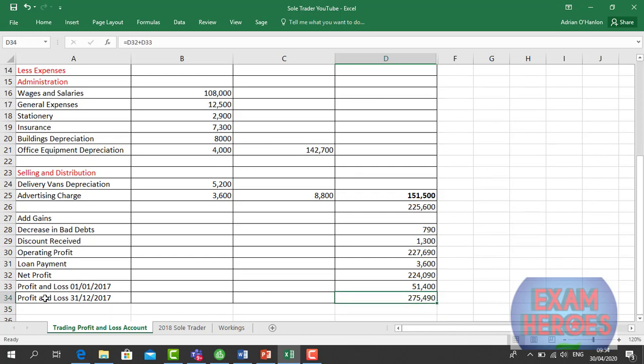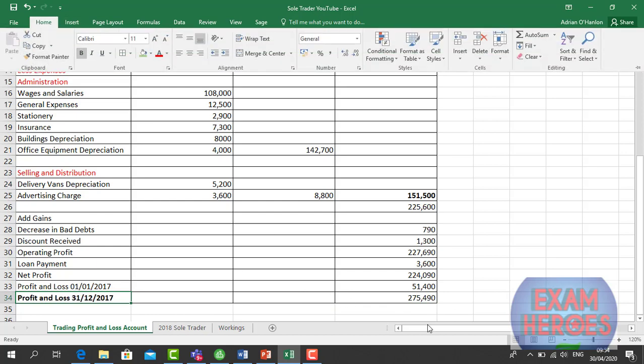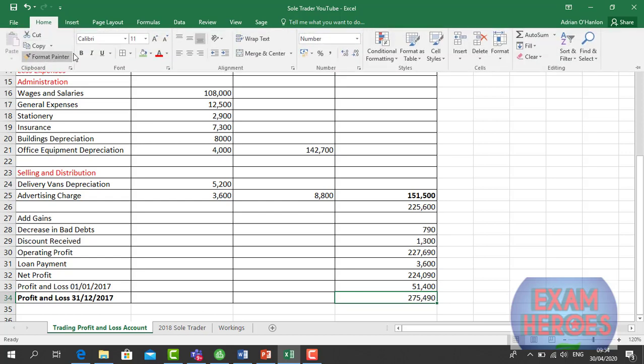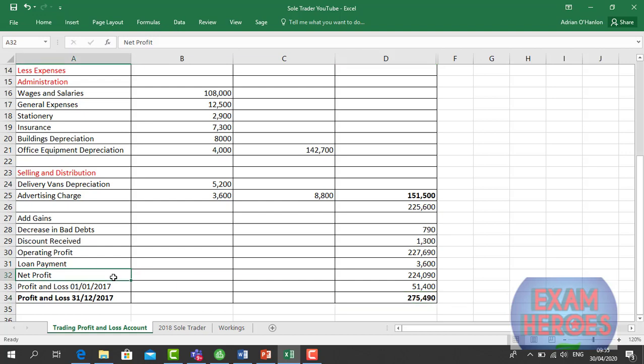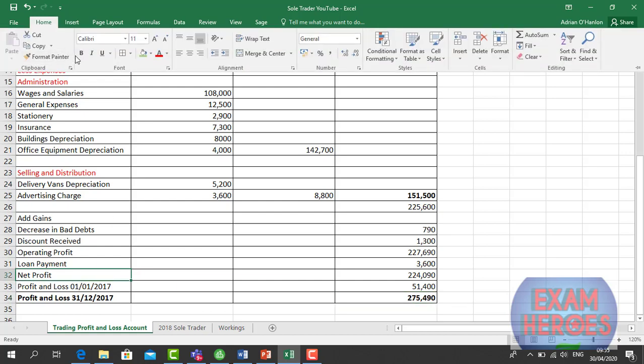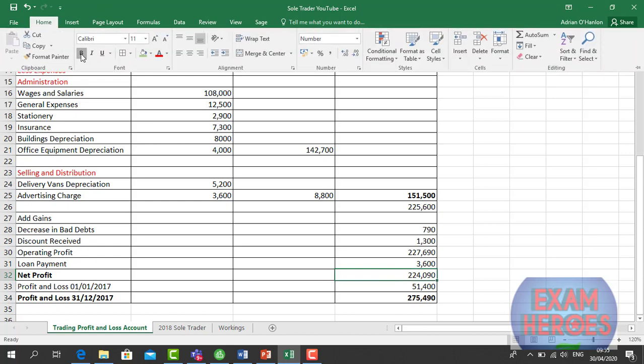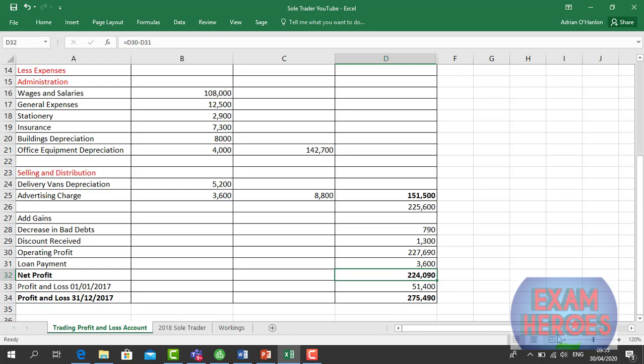Okay, so I'll just put these in bold here. My net profit as well. That's important to highlight that. Okay, so that's your trading profit and loss account.